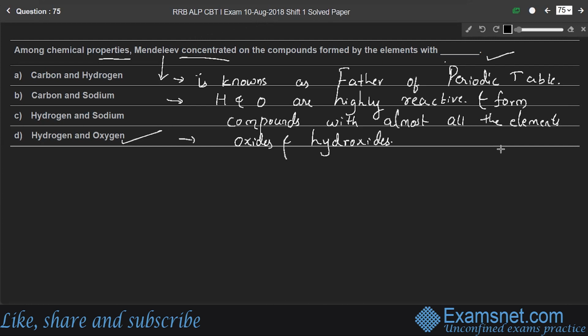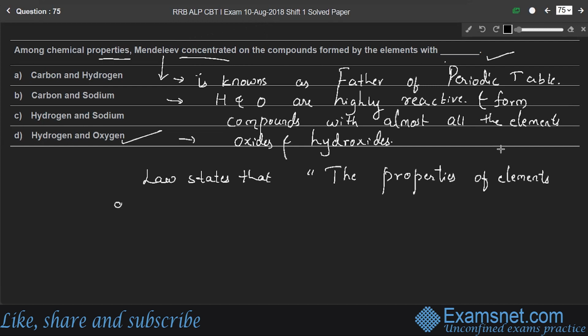Also, Mendeleev formulated a periodic law which states that the properties of elements, whether physical or chemical, are the periodic function of their atomic masses.